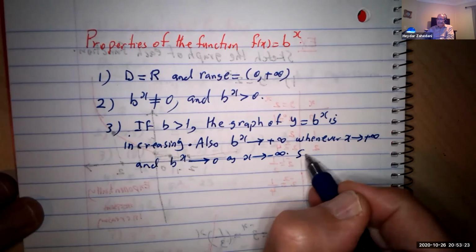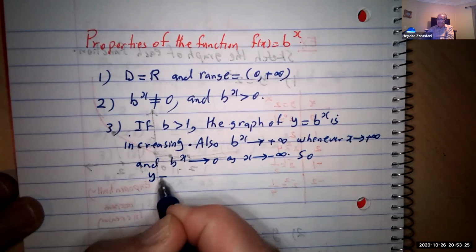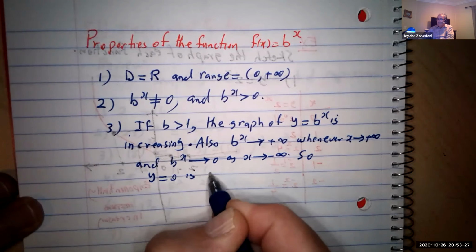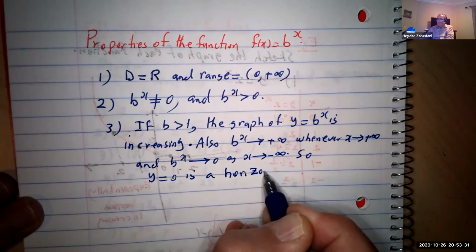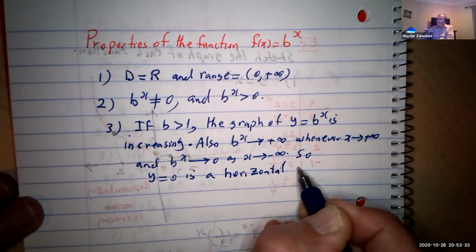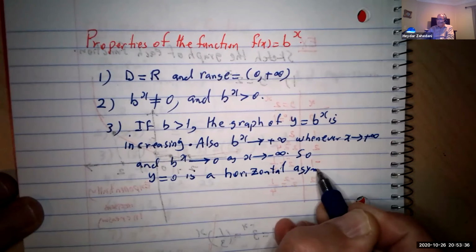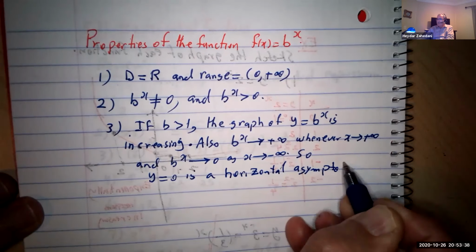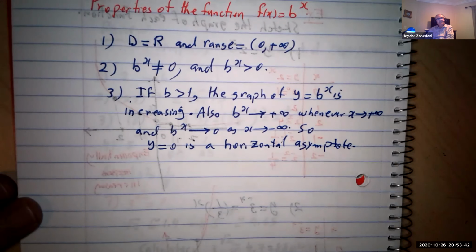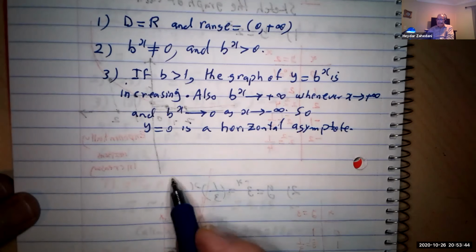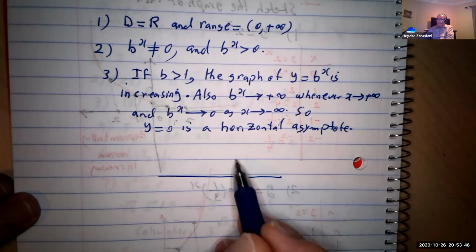So y equal to 0 is a horizontal asymptote. It's the observation that we have when you graph it. And this is the shape of the graph.